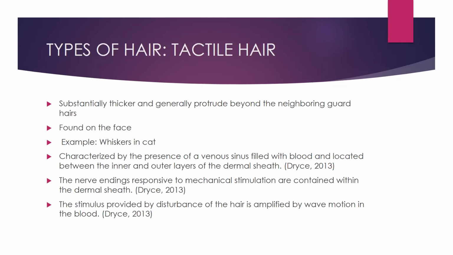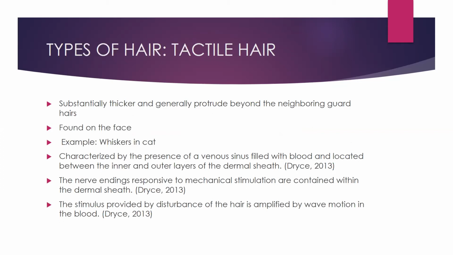Tactile hair is substantially thicker and generally protrudes beyond the neighboring guard hairs. These are found on the face, and examples are the whiskers in cats. They are characterized by a venous sinus filled with blood located between the inner and outer layers of the dermal sheath, according to Trice and Wensing.